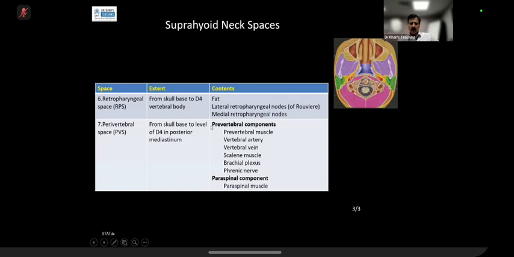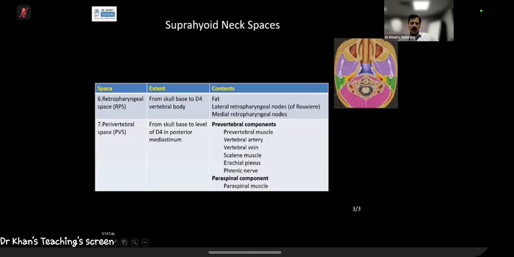So the soft tissues are divided into prevertebral component and paraspinal component. The prevertebral component includes the prevertebral muscle, where I'm pointing out, and the vertebral artery, the vertebral vein, the scalene muscles, brachial plexus, and phrenic nerve. And paraspinal muscles are these muscles, this and this.